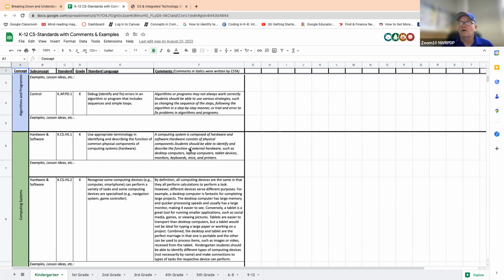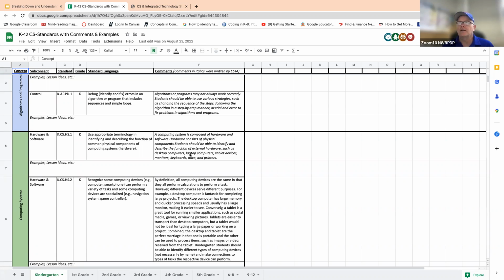And then in the far column, this is where hopefully we can help you understand what that means or what the intent is. This one says a computing system is composed of hardware and software. Hardware is consisting of physical components. Students should be able to identify and describe the function of external hardware, such as desktop computers, laptop computers, tablets, monitors, keyboards, mice, and printers.